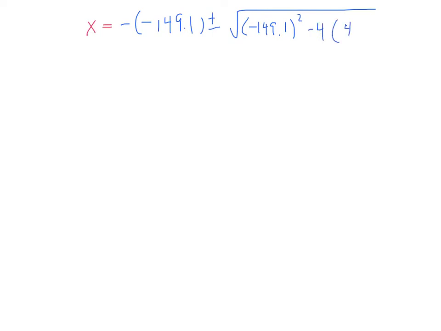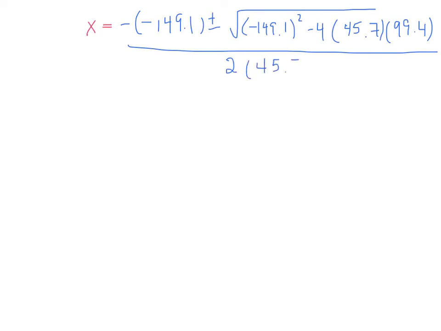We've got x equals negative b, so negative 149.1, plus or minus the square root of negative 149.1 squared minus 4 times 45.7 times 99.4, all over 2 times 45.7.